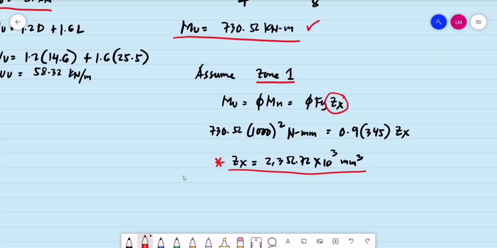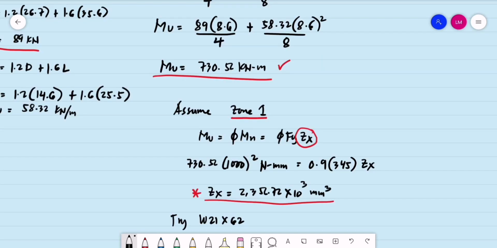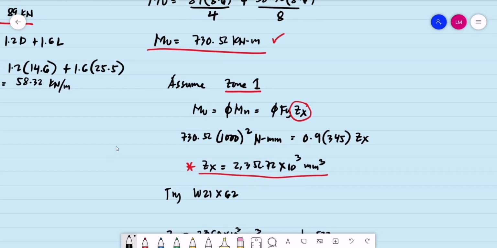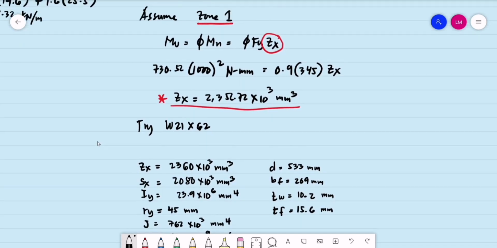So we may try W21 by 62. Okay, so this will be our trial section. So we just list down the properties of W21 by 62.